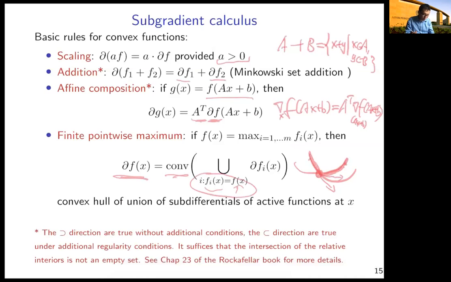All right. So one cautionary note about this addition rule is that this is a set operation, and whenever we take one individual element from the subdifferential of f1 and another element from the subdifferential of f2 and add them up, that recovers one particular valid subgradient of f1 plus f2, which is always valid without additional conditions.